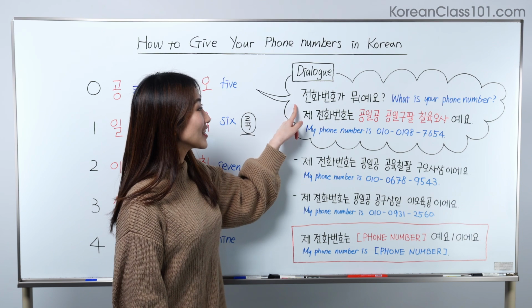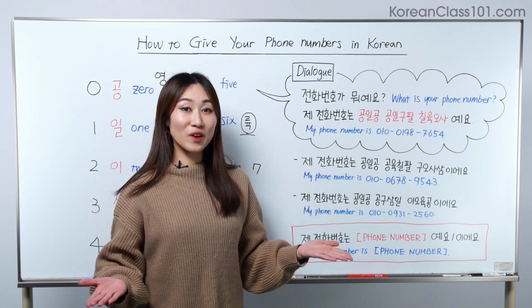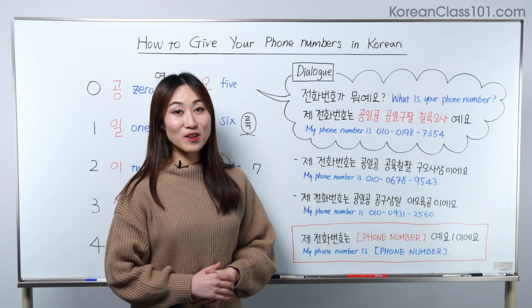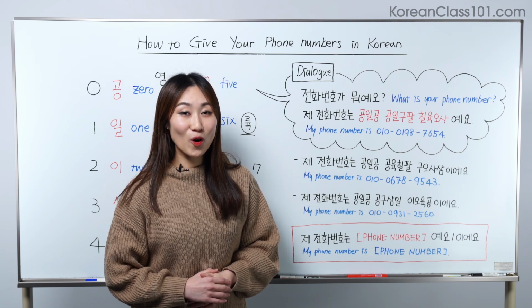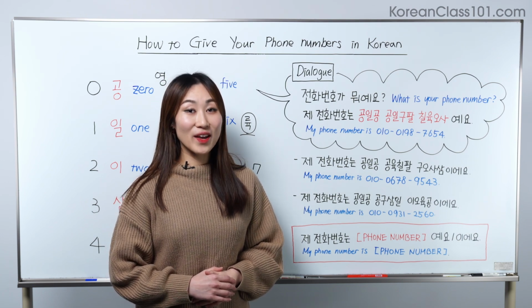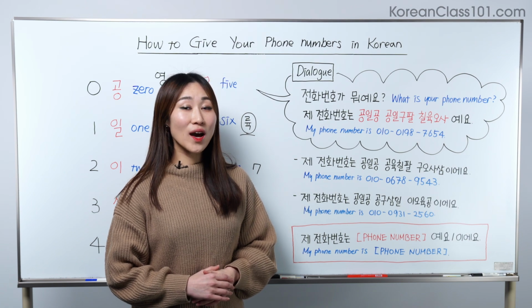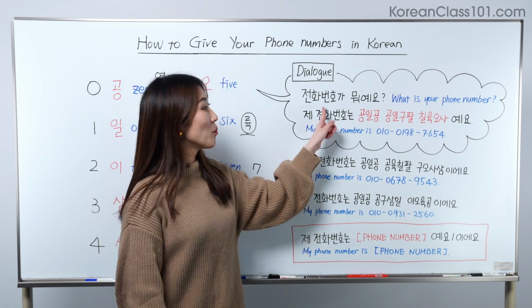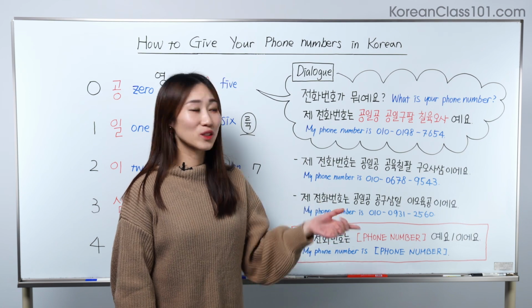Okay, so the first sentence means, what is your phone number? 전화번호가 뭐예요? 전화 means phone. 번호 means number.